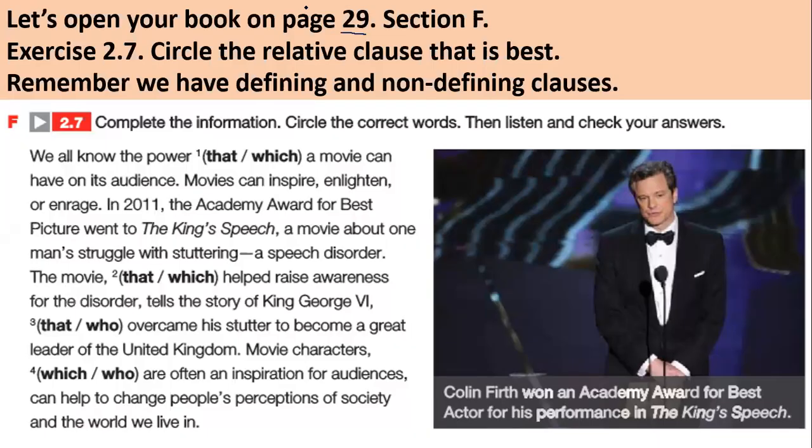Did you find it? Okay. So what I'm going to ask you to do is, in silence for now, please read the paragraph and select the relative clause that best corresponds. We have 1, 2, 3, and 4.